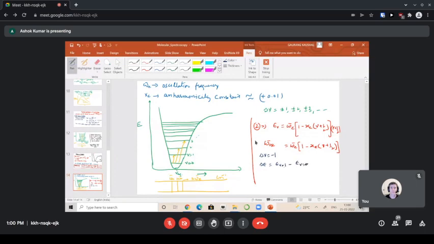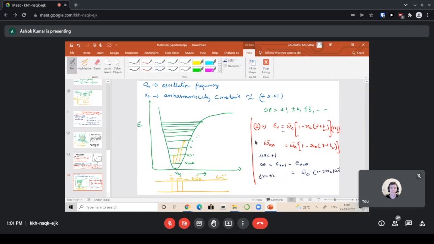When you put V equal to 1 and V equal to 0 in that expression, you will see that this will be equal to omega E (1 minus 2xe) centimeter inverse.